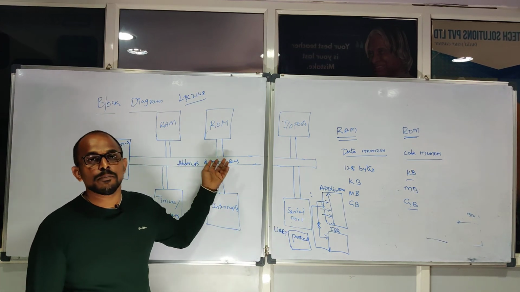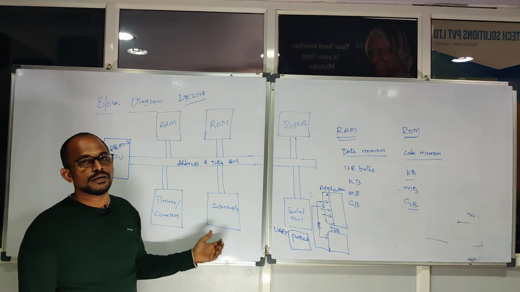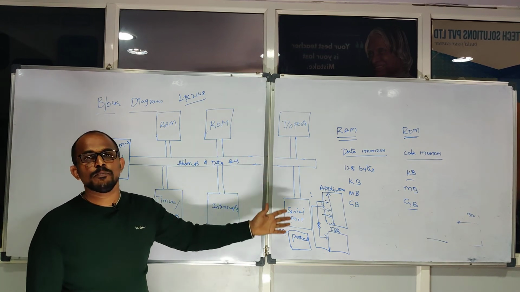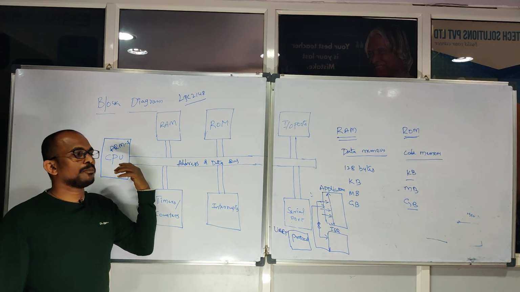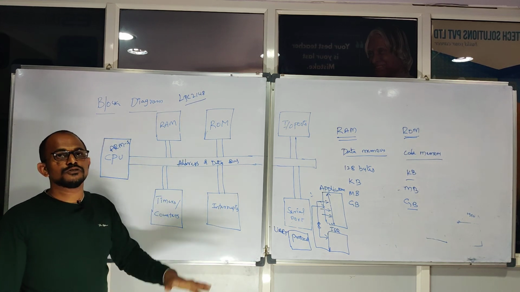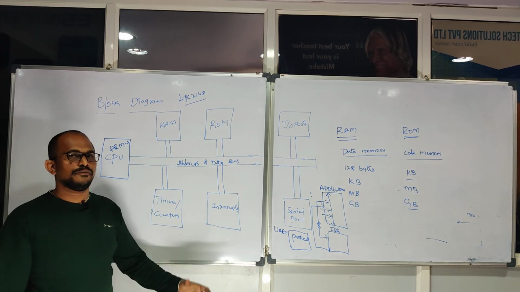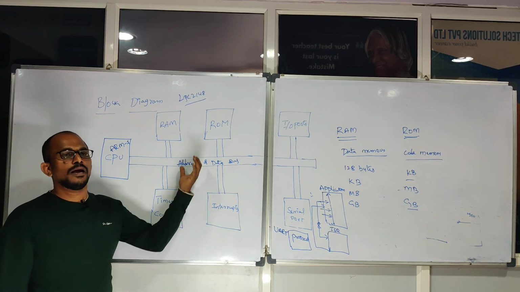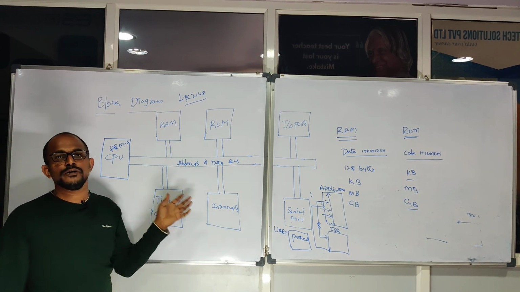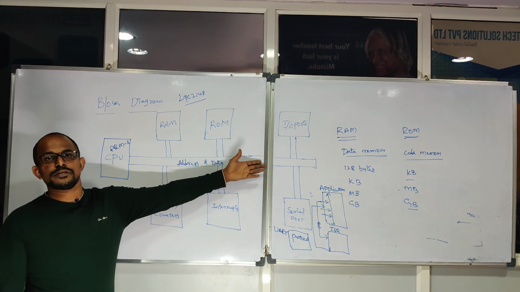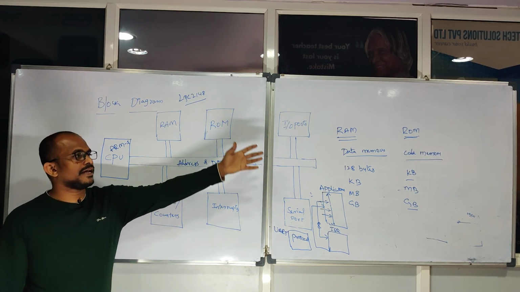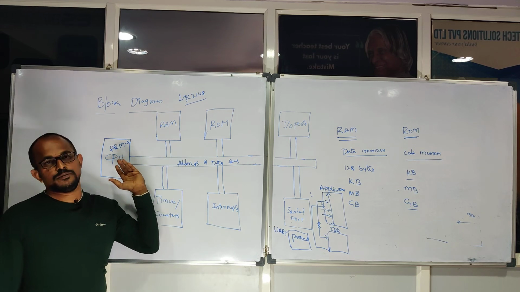So this is the importance of each block of the microcontroller. Every block has its own importance. The CPU is a major block, used for complete processing: fetching instructions from memory, taking data from the IO port, doing certain operations, and pushing the result back to the IO port output. This entire control is under the CPU.